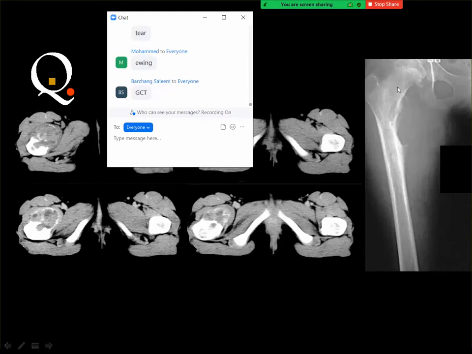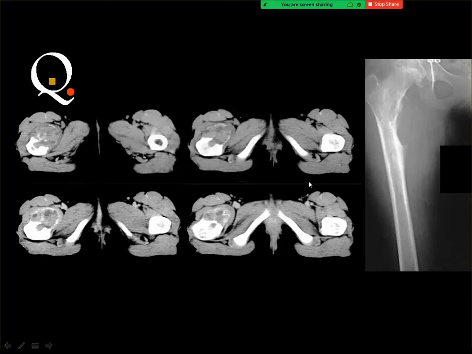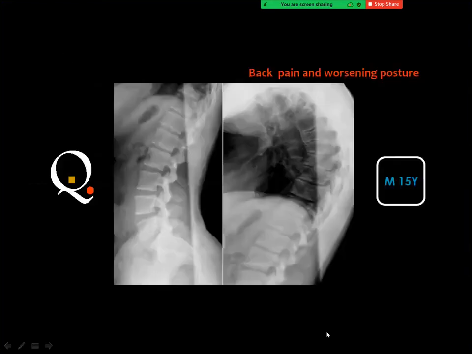Giant cell tumor will reach the articular surface, and this is not the age of giant cell tumor. Giant cell tumor will arise after epiphyseal closure, after the age of 20 years. Aneurysmal bone cyst is the right answer. And if you look carefully in the CT images, you can see the characteristic fluid levels within the lesion, which is expanding as you can see here. And this is aneurysmal bone cyst.